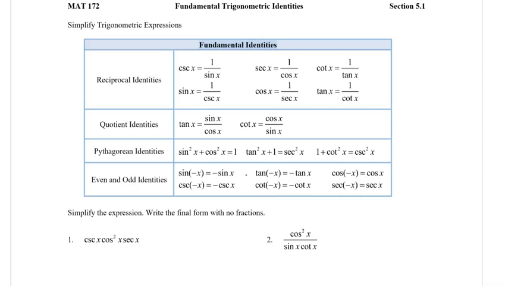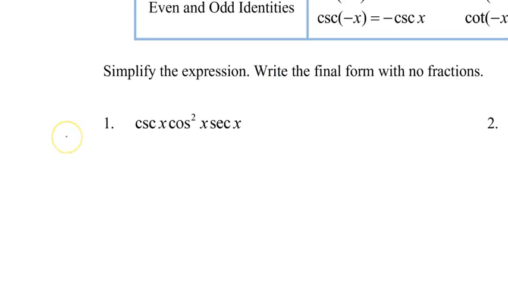So getting started in number 1, one technique that we will use in this lesson when we have an expression that has various trig functions in it, is to start off and rewrite the expression with only sine and cosine.